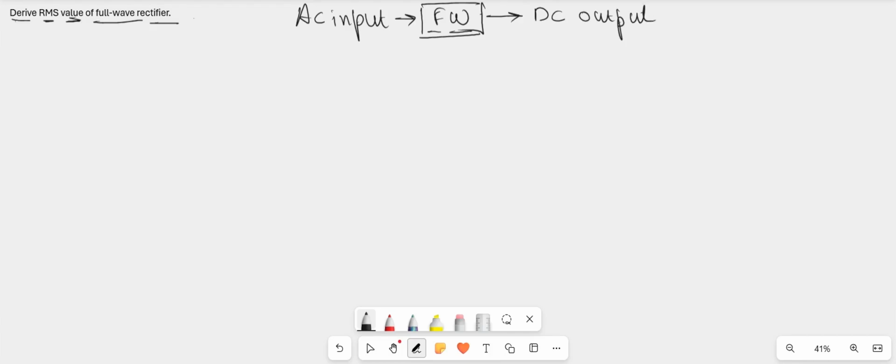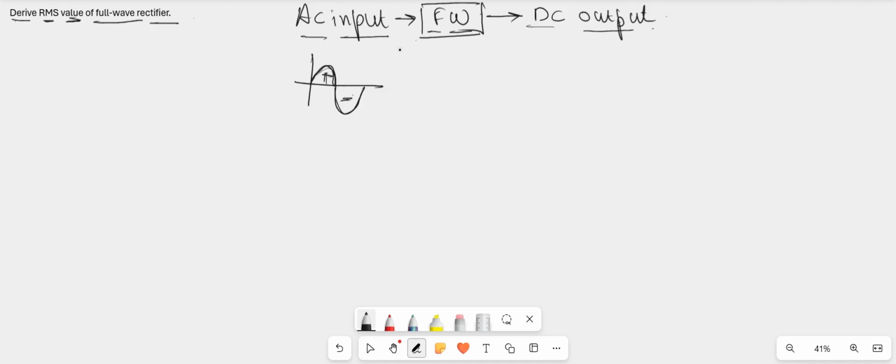The difference between the half wave and the full wave rectifier is, suppose here at the AC input we have a sinusoidal signal which has a positive half cycle as well as a negative half cycle. The half wave rectifier will only rectify the positive half cycle or the negative half cycle.